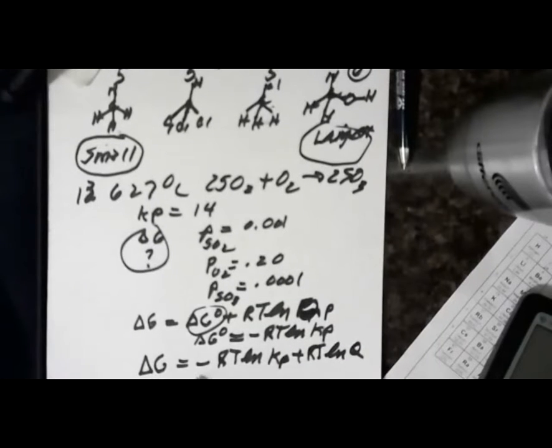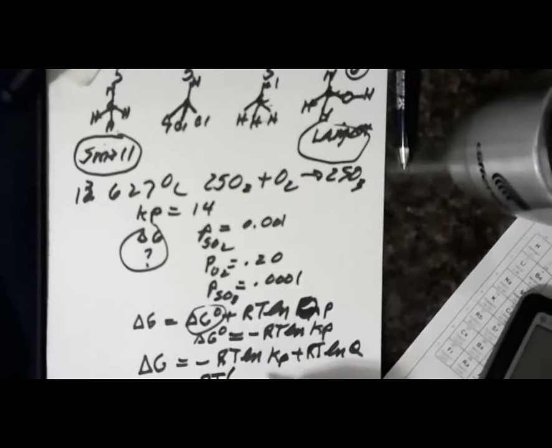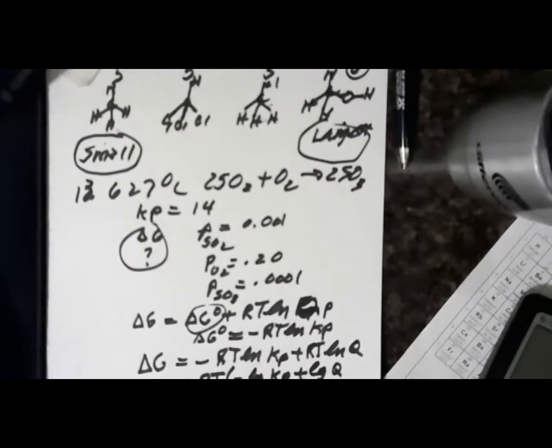And let's do some math because we've got some things we can do. I'm going to take RT out of all of them, and then I have minus the log of Kp plus the log of Q. So I'm going to take the log of this minus the log of this.